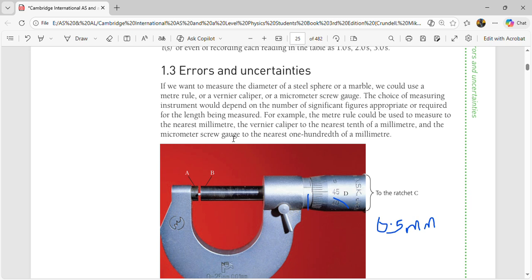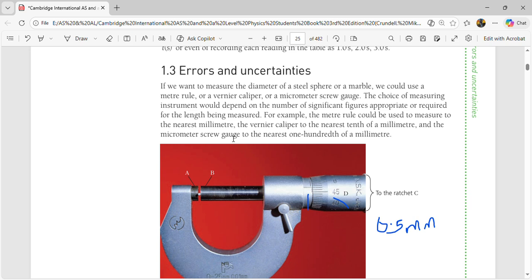So meaning sometimes choosing the right instrument is also a skill that we need in physics, because we do experiments. That's part of our examination, that is called the practical skills.